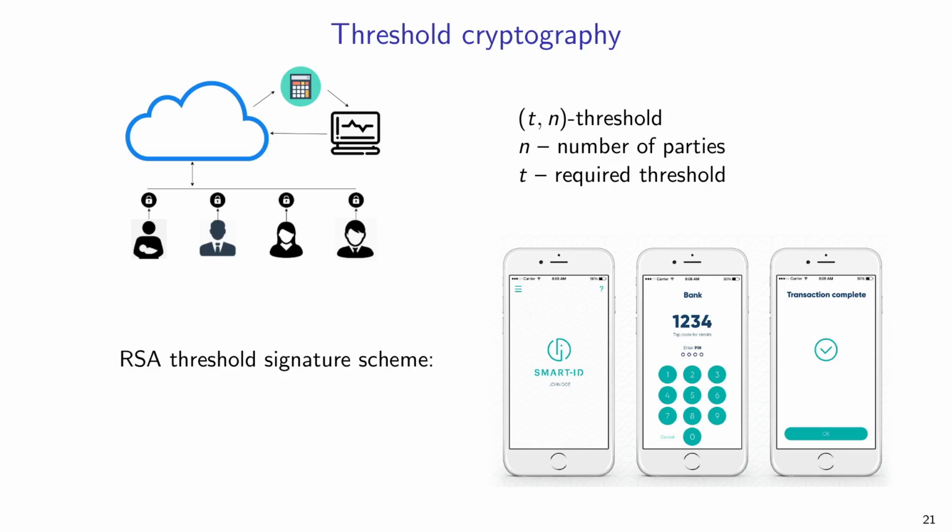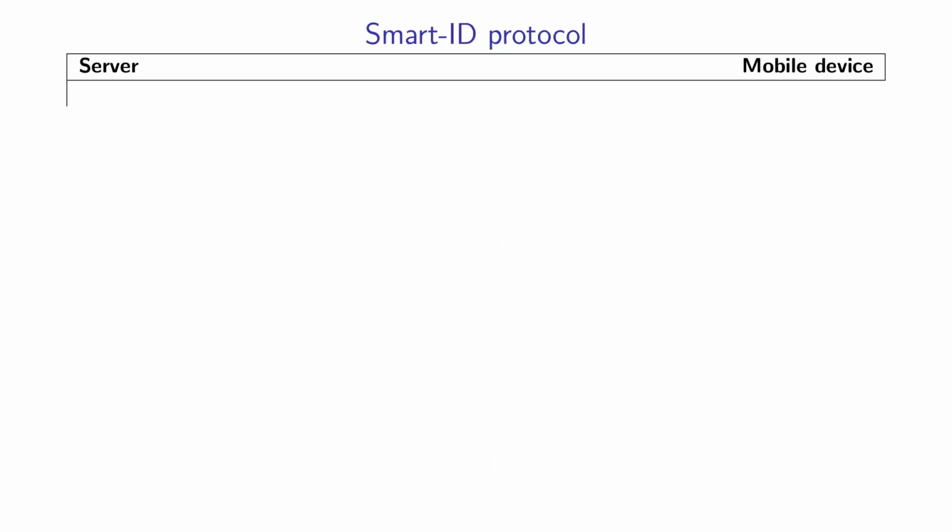In theory, this means that if someone compromises the server or the mobile phone, they cannot forge signatures, because both parts of the private key are needed to create a signature. Let's take a closer look at the Smart ID protocol, how key generation, signing, and verification using the Smart ID solution works. This is fully optional, just in case you're interested in how it works.